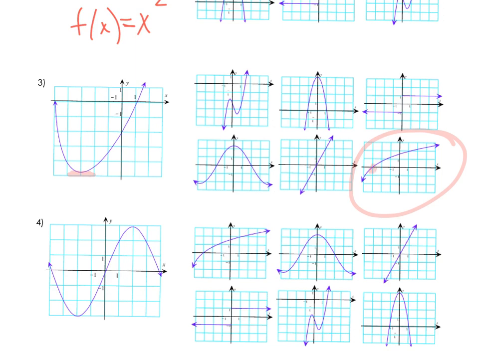But it has to follow everything else. This portion of it is decreasing. That needs to be reflected in the derivative in that it's below the x-axis over that same interval. This portion of the graph is increasing. That needs to be reflected on the graph of the derivative by being above the x-axis. So it fits everything that we talked about.